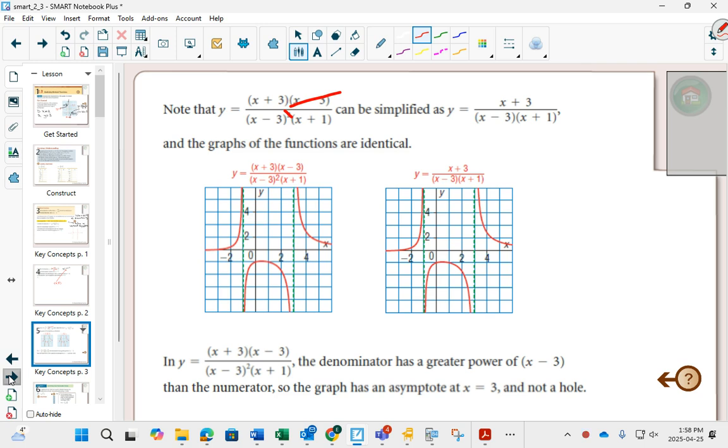Normally when things cancel out, you get a hole, but after it cancels out, x minus 3 still shows up as a non-permissible value in the simplified equation. In that situation, you would still have a vertical asymptote. So whatever non-permissible values are in your simplified equation in the end, those will always be vertical asymptotes.